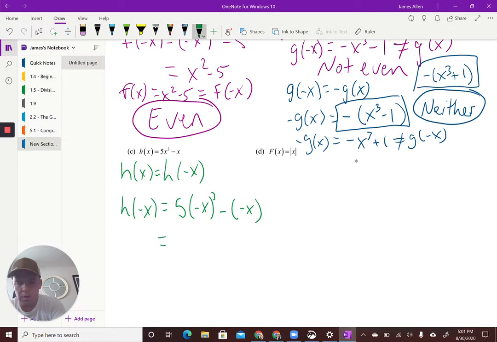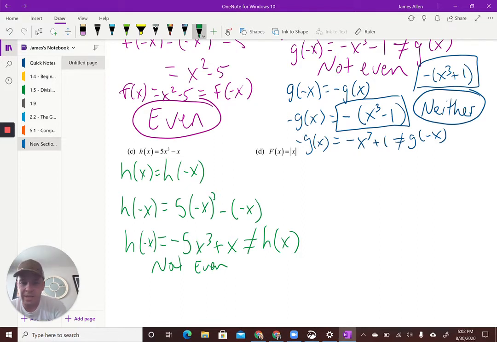What do I get? Well, we know that the negative's going to stay the same when it's cubed, right? It doesn't change the sign. I get negative 5x cubed, and then I would get plus x. So that is clearly not equal to h of x, right? So that's not equal to h of x. So it is not even.